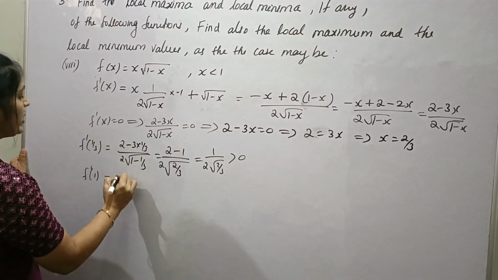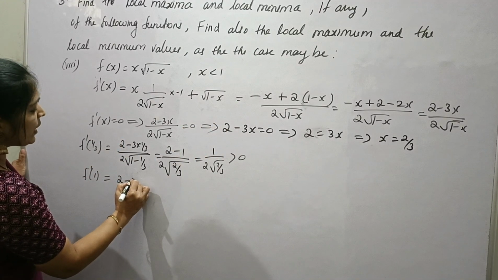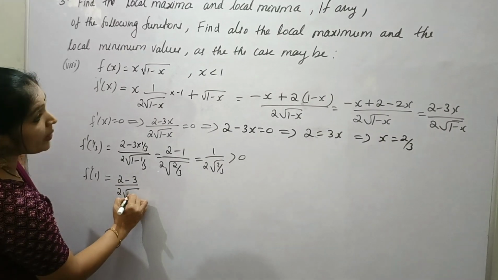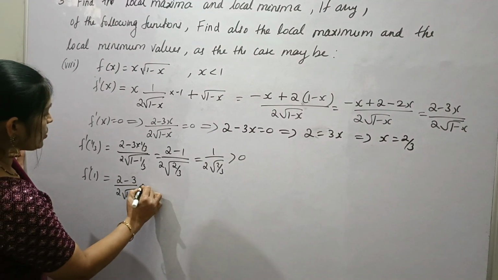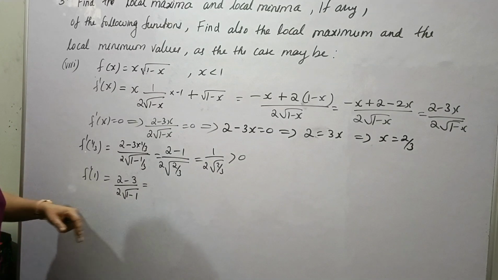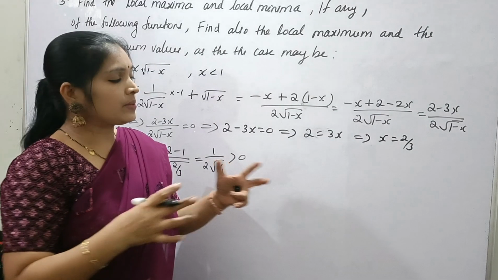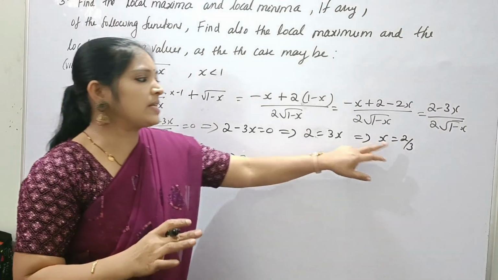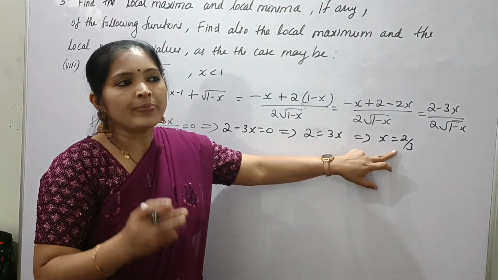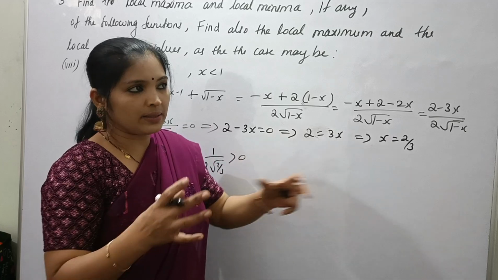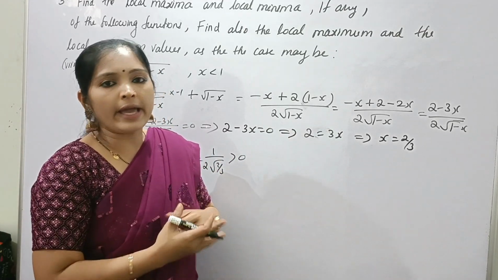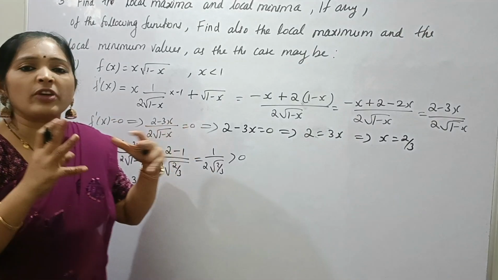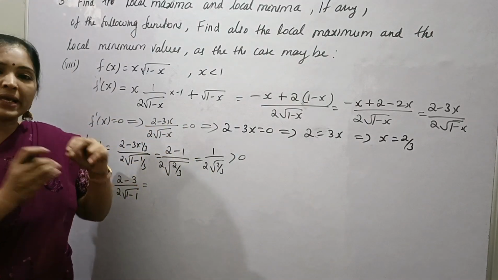Substitute x equal to 1 in f dash of x: 2 minus 3 into 1 divided by 2 into root of 1 minus 1. Here we are taking a neighborhood value just greater than 2 by 3. So 3 by 3 is nearby 2 by 3, very close to 1 but less than 1.